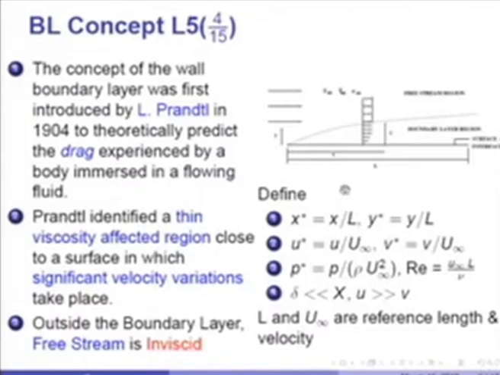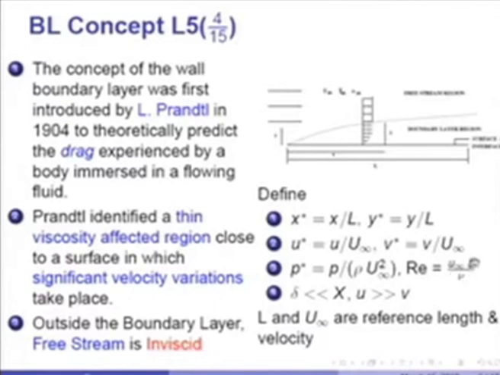Now, to develop mathematical interpretations of this concept of long and thin flow close to a wall, we are going to introduce dimensionless variables. So, x star would be written as x divided by L, y star as y divided by L, u star as u divided by u infinity, v star as v divided by u infinity, p star as p divided by rho u infinity squared, and Re as u infinity L by nu.